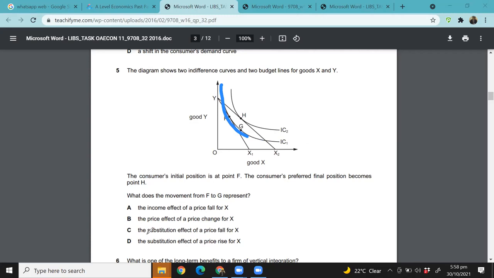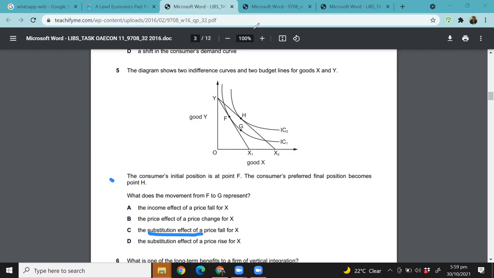Substitution effect of a fall in the price of X. Yes, we know that the price of X is falling. Why? Because you've shifted from this budget line to this budget line. And the movement along the same indifference curve is the substitution effect. Very good. So 5 should be B.